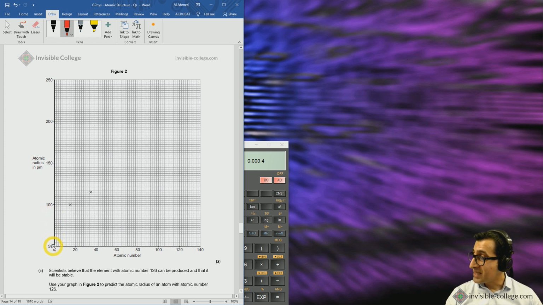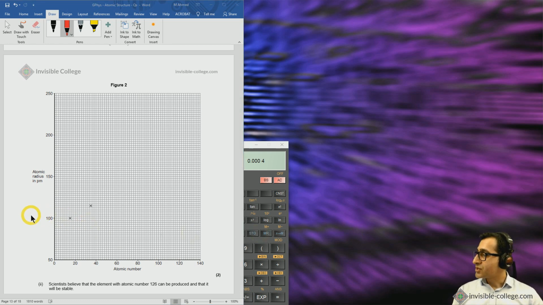So we need to take account of these increments before we start plotting points, and it's a similar principle when we are constructing a graph from scratch. We need to make sure that we choose increments which are relevant to the range of our axes as well. So let's take a look at how we would go about it.